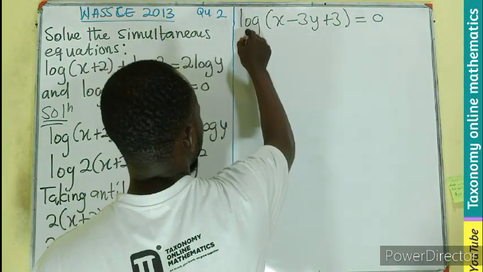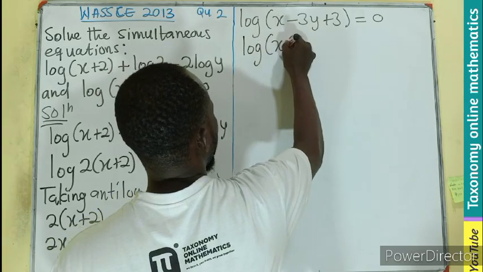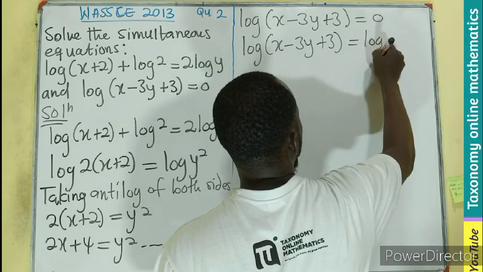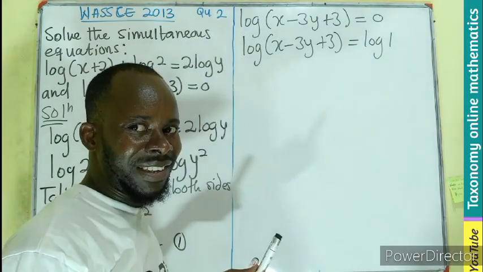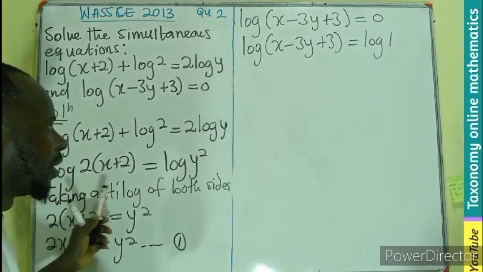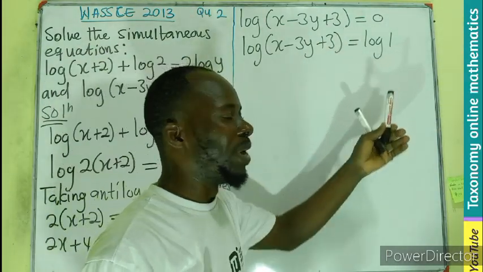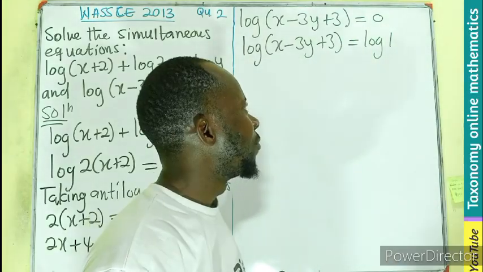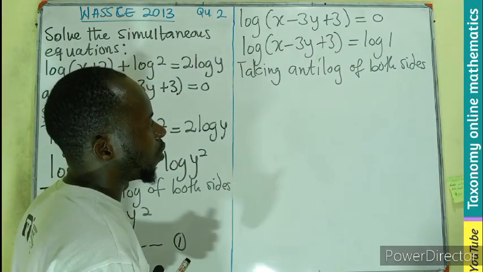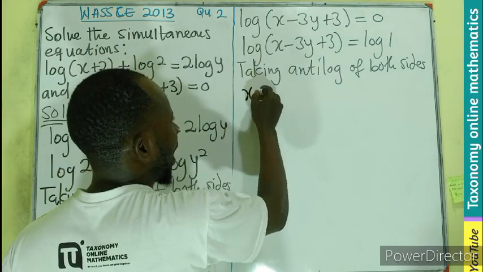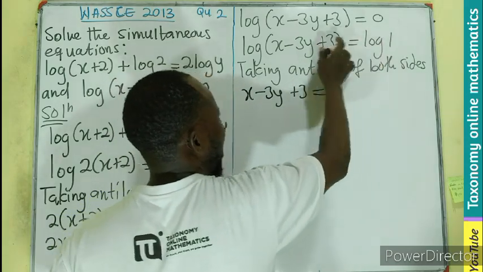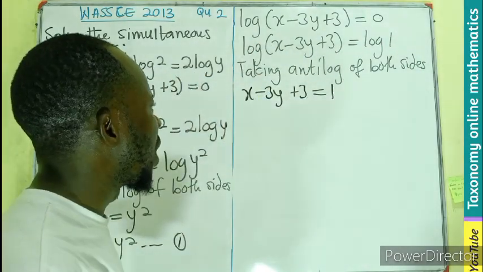So we rewrite as the log of x minus 3y plus 3 equals the log of 1. Then this is the same as the 0. Then coming back to the same place, logarithm of the same base, we have to take antilog of both sides. So when we take antilog of both sides, as usual, you have your x minus 3y plus 3 equals 1. Only the argument, the logarithms will cancel.